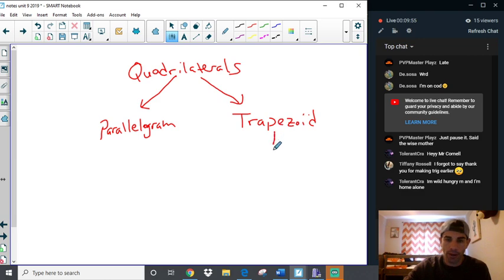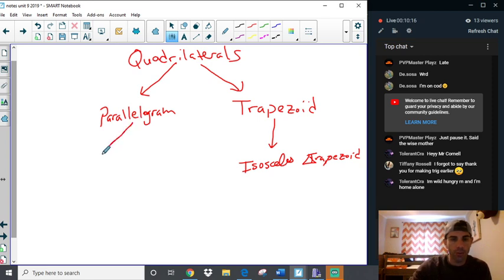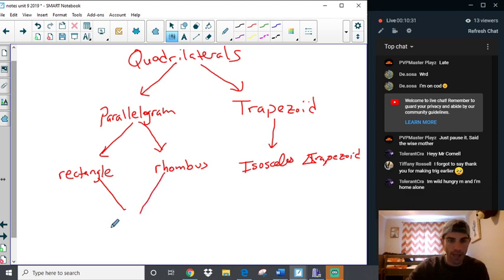So all of the rules of the trapezoid can then go to the isosceles trapezoid. All of the rules from here trickle down to this guy. Now in the parallelogram, all of the rules for the parallelogram can filter down to the rectangle. All of the rules for the parallelogram can filter down to the rhombus. Then all of these rules here can filter down into the square.